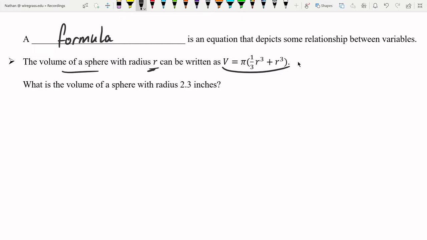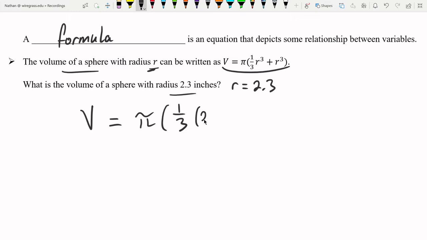Now, if we have the volume of a sphere, we're asking what is the volume if we have a radius of 2.3 inches. Well, all we have to do is take this formula and plug in r equal to 2.3.